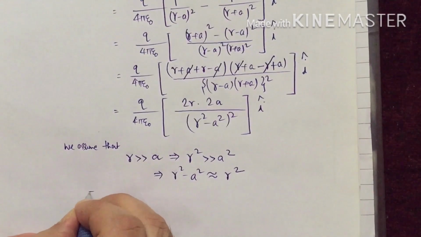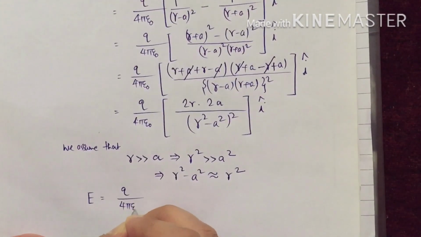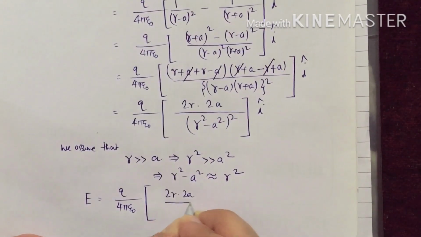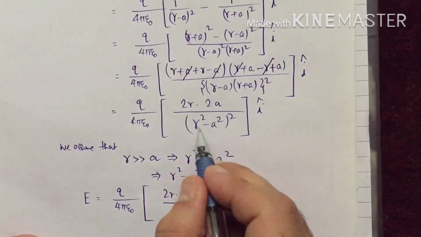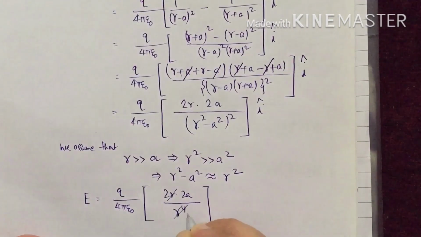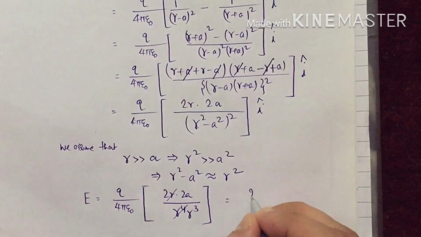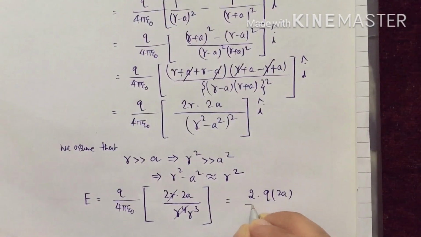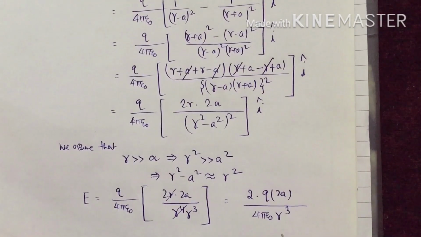So therefore the expression simplifies as q divided by 4 pi epsilon naught, 2r into 2a, and this r square whole square becomes r to the power 4, so we have r cube. We can write twice of q into 2a whole divided by 4 pi epsilon naught r cube.